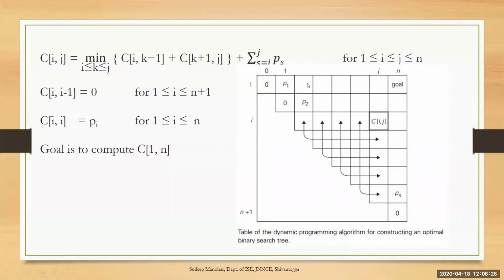Some concepts of divide and conquer are brought here. The trees are divided into subtrees, and for each subtree, the optimal value, that is the minimum average comparison, is calculated, and finally you will get the minimum average comparisons for the whole tree, that is C of 1 comma n. So that should be our goal.